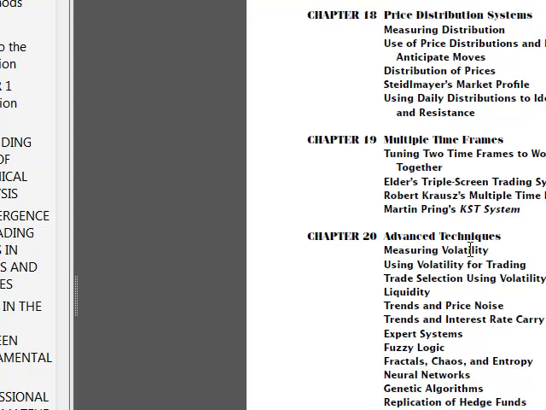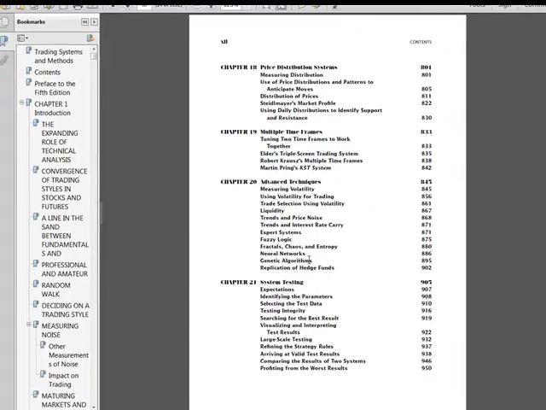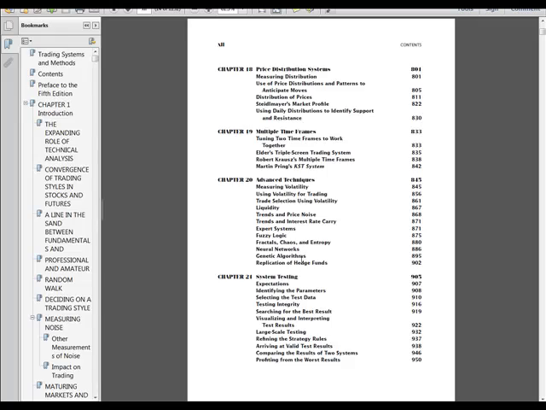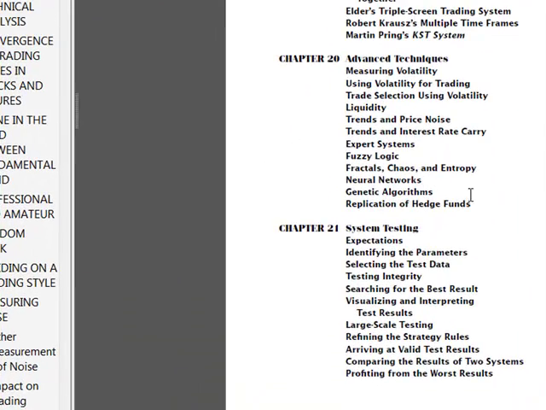Chapter 20, advanced techniques, measuring volatility is key here. And there's a good number of sections on it. As you can see, liquidity, trends, fuzzy logic, expert systems, neural networks, again, fractals and chaos theory. Entropy seems useful. Genetic algorithms is very useful. And this replication of hedge funds, I don't know.